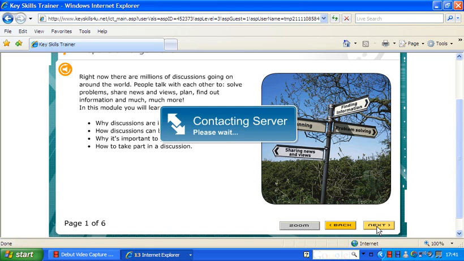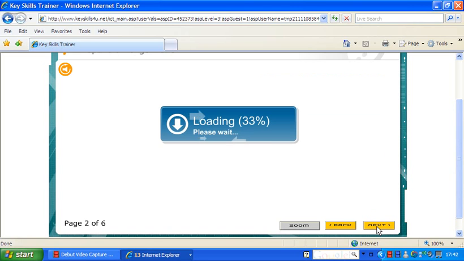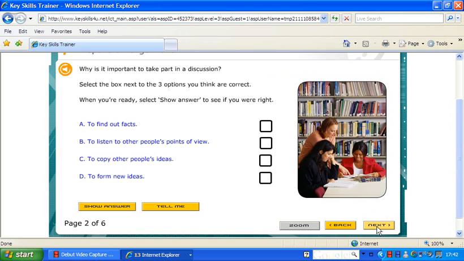The learners then have to continue within the area.